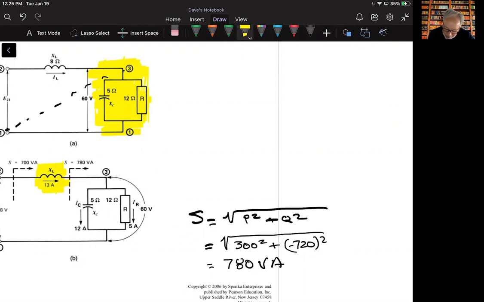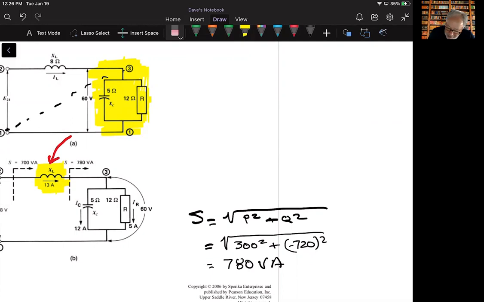And there's only one path, so all of that current would have to flow through that inductor right here. Make sense? All right, and the apparent power associated with that is 780 volt amps. Now, I can go back to an earlier relationship for the apparent power.